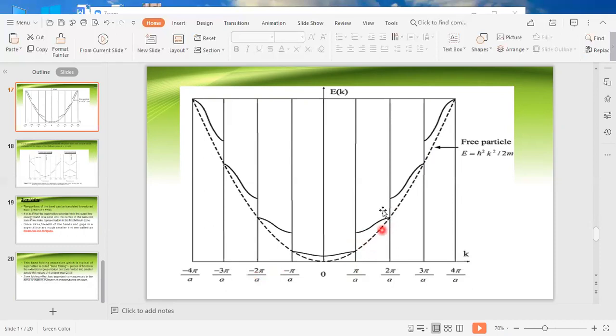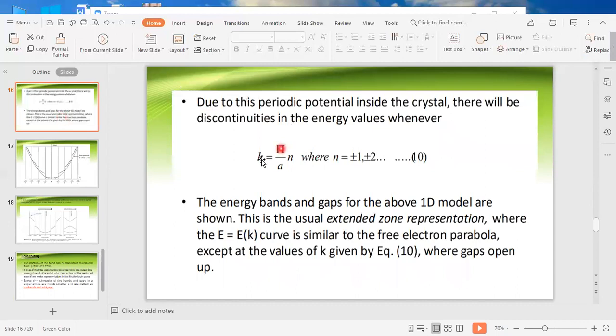So these gaps are occurring exactly at regions of n pi by a, where n starts from 1, 2, 3, etc., both in the positive axis and also in the negative axis. So the breaking occurs at the Brillouin zones, where K is equal to n pi by a. This is the case for a crystal.